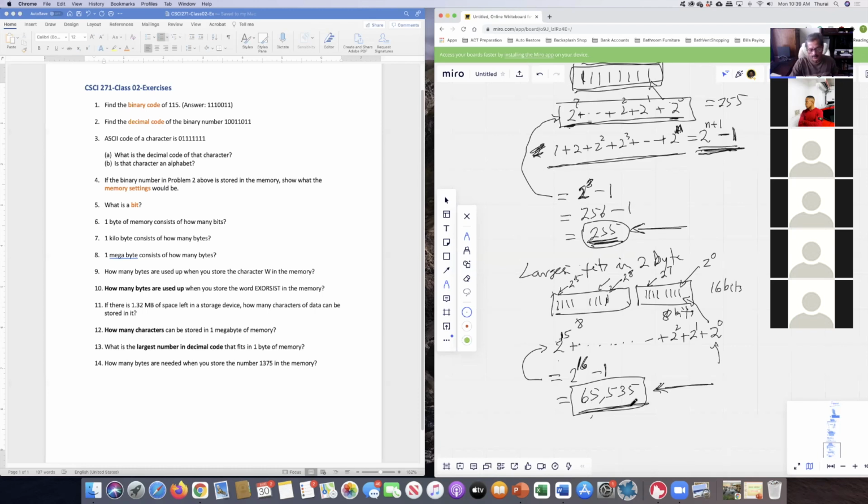You have to be able to calculate them. There will be questions that ask you to determine the largest number that fits in 2 bytes, 3 bytes, 4 bytes, 5 bytes. Any of those can be a question in the test or the homework. So you have to be able to figure out this number.